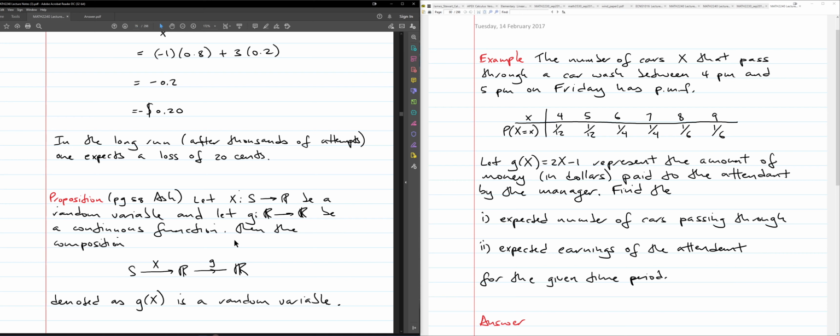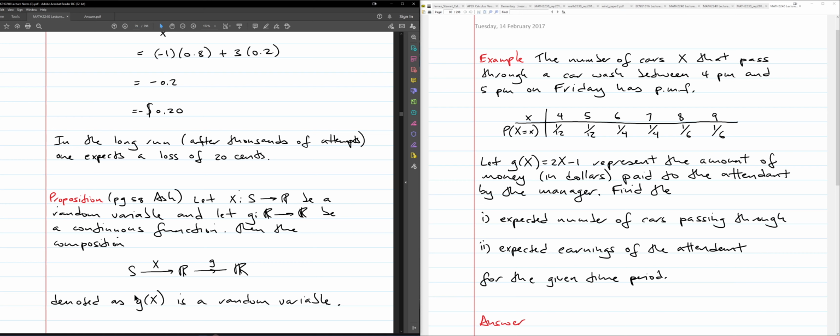What we want now is the composition of your random variable, which is a function from the sample space to the reals, with this new function small g. Once you form this composition, it is denoted as g of x.